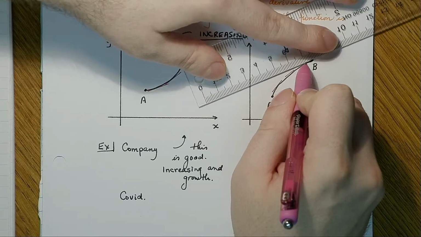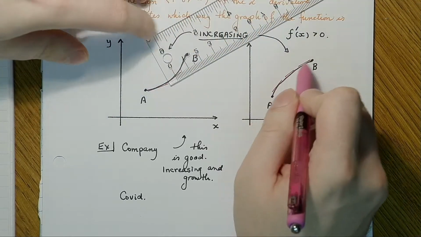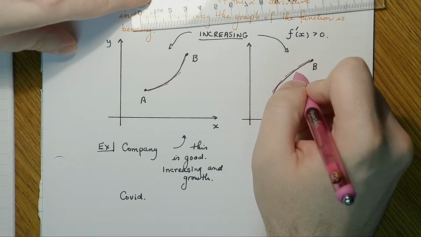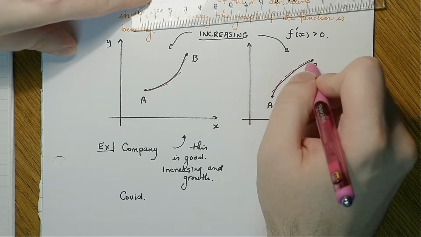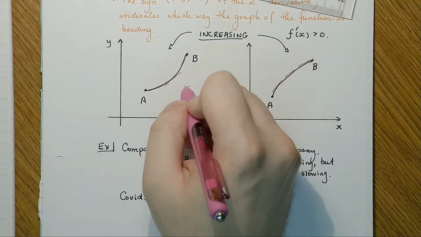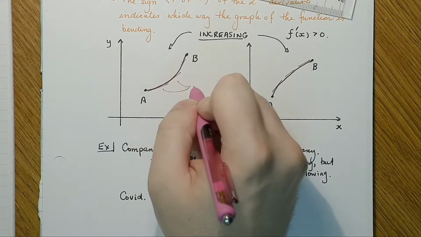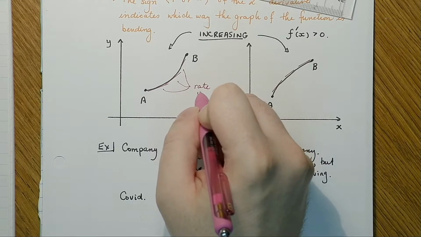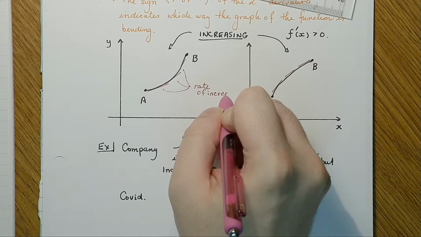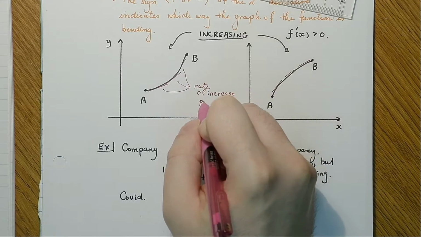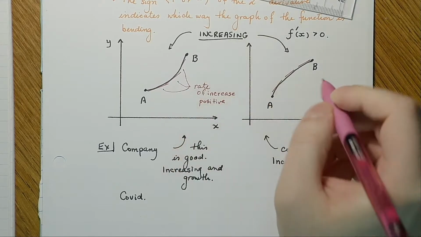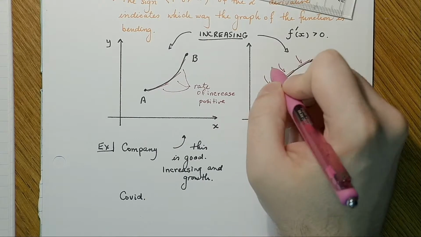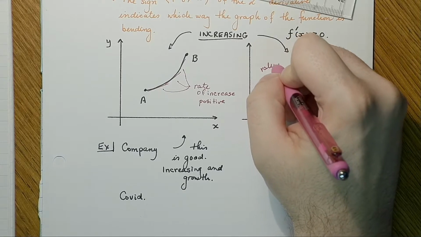We're looking just at the slopes. You can see that the slopes are decreasing. So the rate of the slopes is decreasing. So we can start to look at the rate of increase. This is positive. And here, these are the rates of increase.